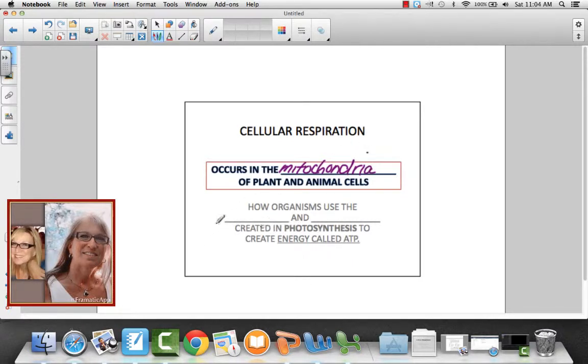It's how organisms use glucose and oxygen. It's created in photosynthesis to create energy called ATP.